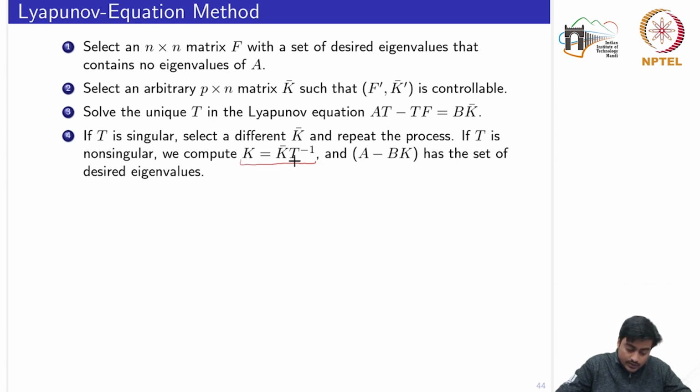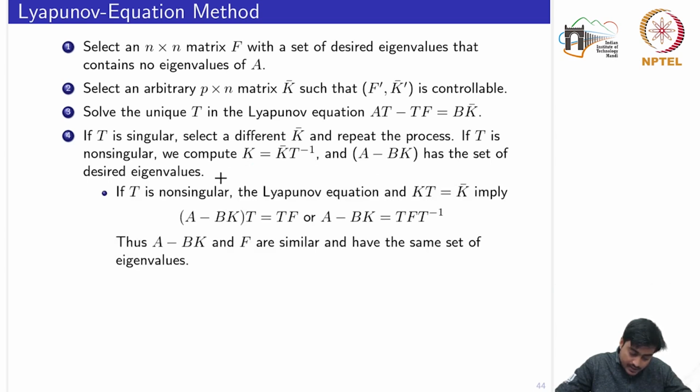So we need to ensure that for the multivariable case, it is always possible that the matrix T is non-singular so that we can take its inverse. If the matrix T is singular, then we cannot carry forward this design because we cannot compute this equation. In that case, since K bar is chosen arbitrarily, we would keep repeating the design until we find a T which is non-singular.